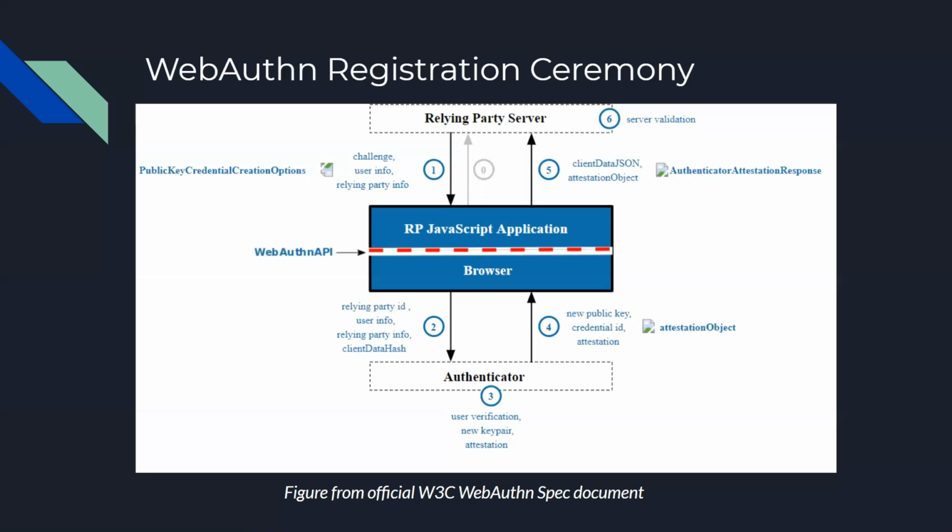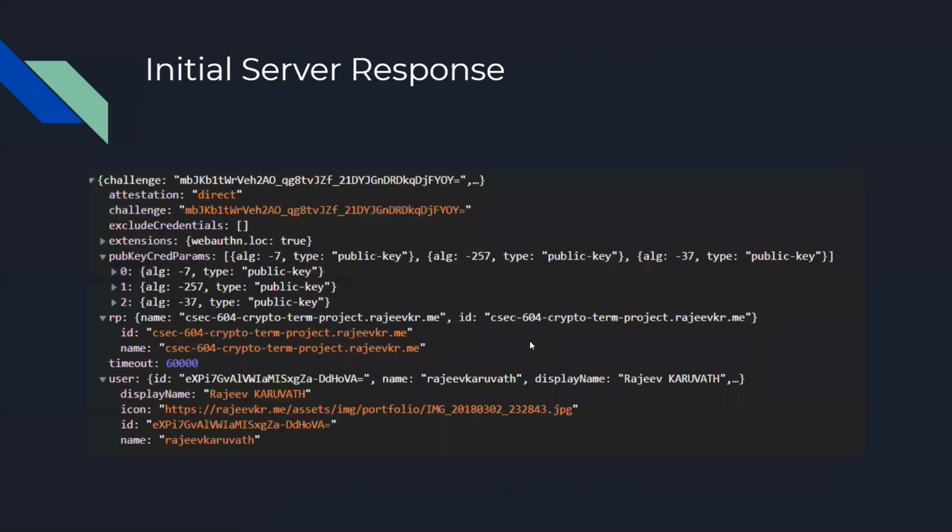So this mitigates replay attacks where someone can try to intercept the request in between and try to spoof the initial request. And if all the verifications pass, the server will save this as the public key associated with the user.